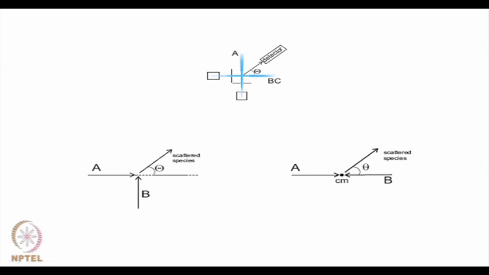Now, the question is, do you really have to keep the two beams perpendicular, at an angle of 90 degrees, always? The thing is that we can change that actually.